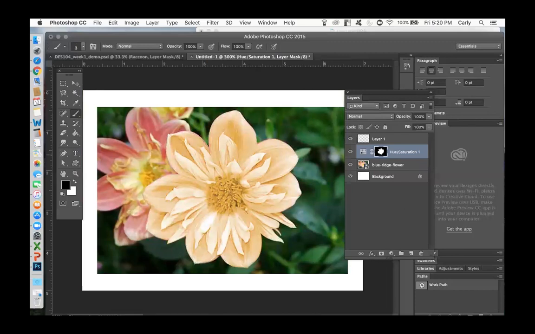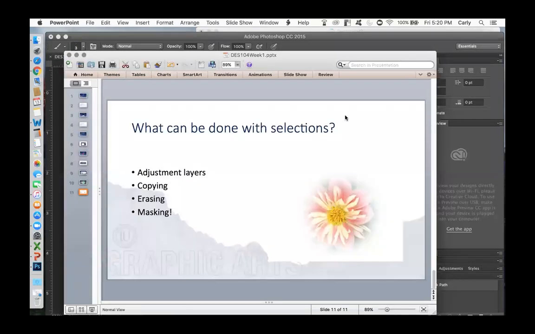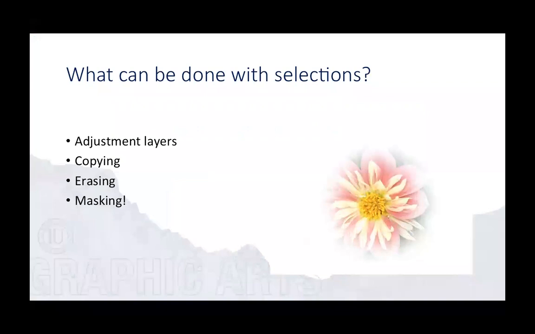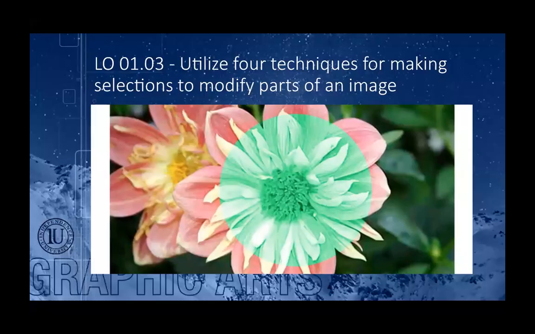So we have learned quite a few different techniques for making selections. We have learned the standard marquee tools, rectangle marquee tool, elliptical marquee tool. We have learned the quick selection where you paint in the selection.